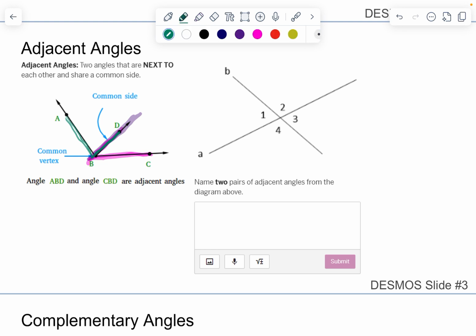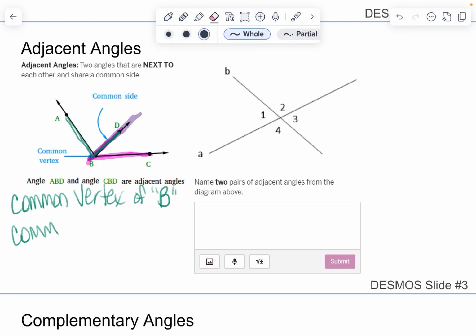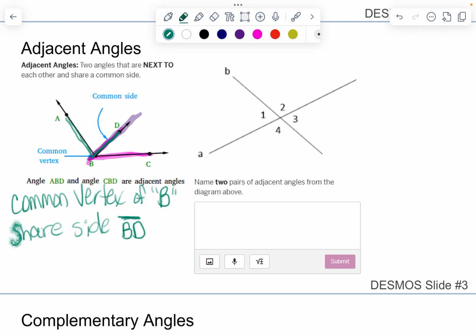Let's write that out: they have a common vertex of B, and they share side BD.